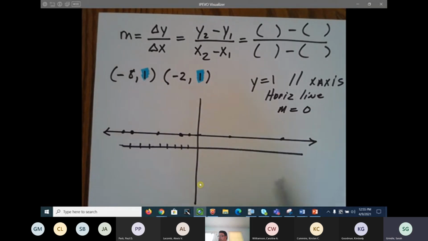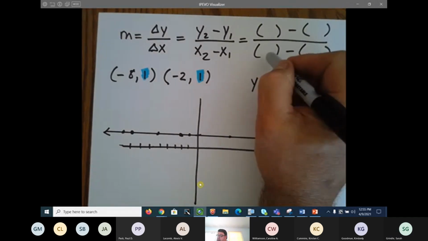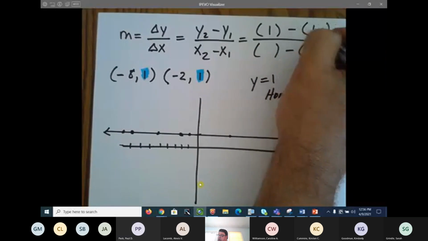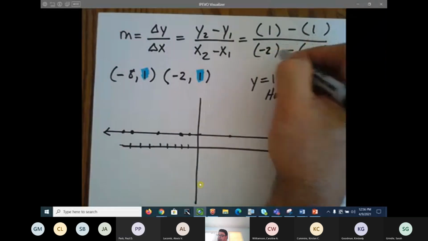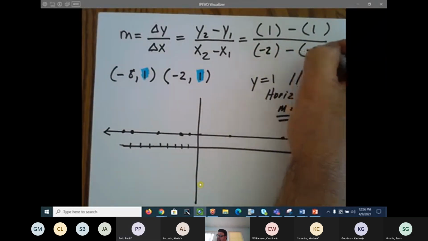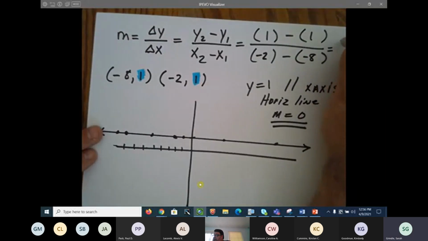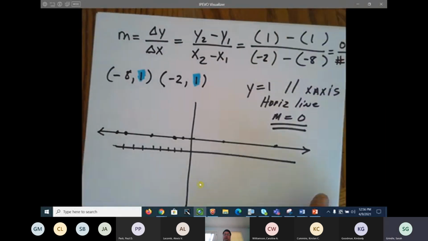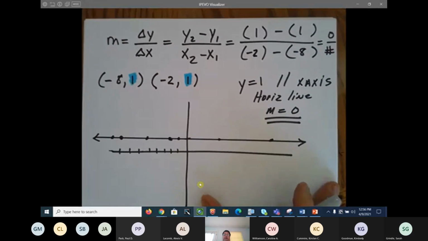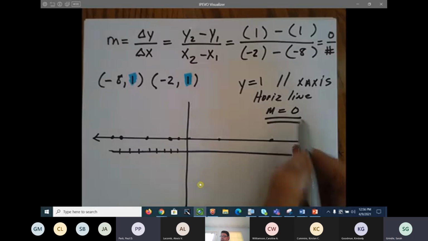So I know that my slope is 0 from the rule on the last page, or as Miss Goodman says, 1 minus 1 over negative 2 minus a negative 8 is going to be 0 over, I don't care, because what is 0 over anything? 0.